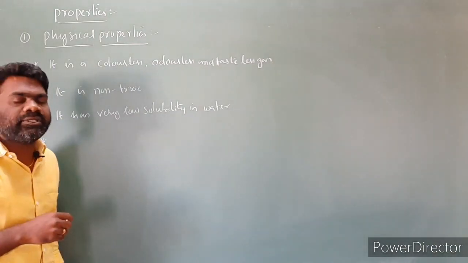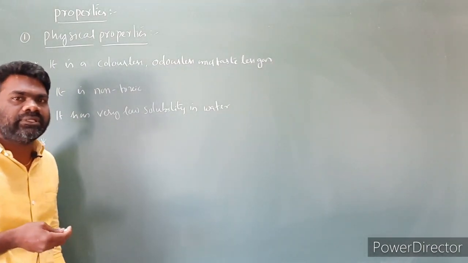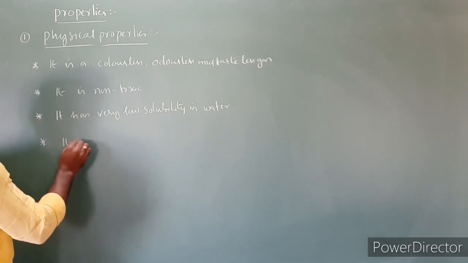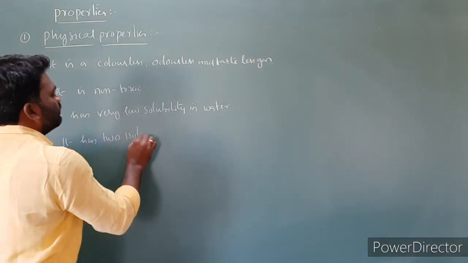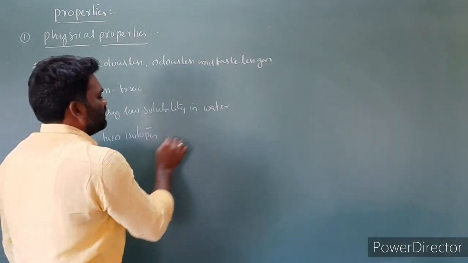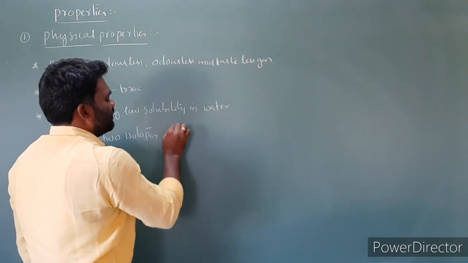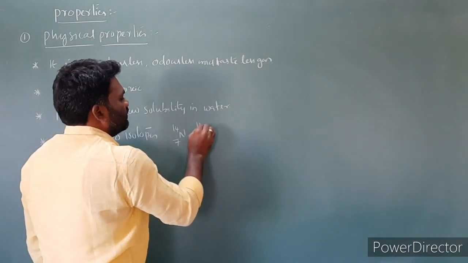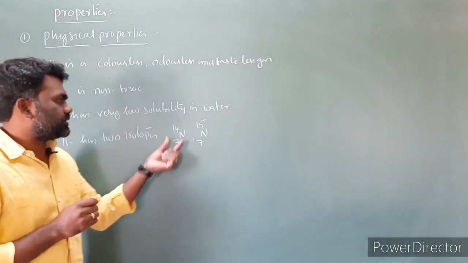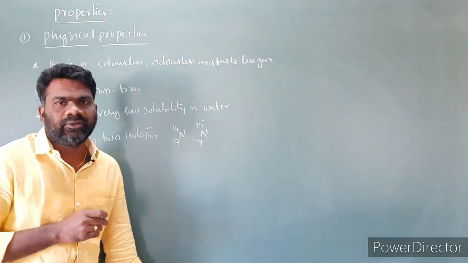One is nitrogen-14 and the second one is nitrogen-15. Nitrogen has two isotopes, nitrogen-14 and nitrogen-15.